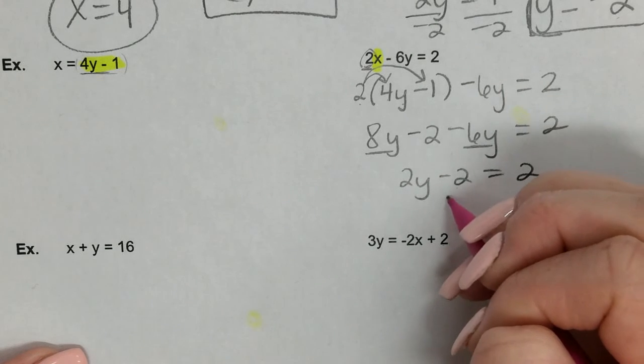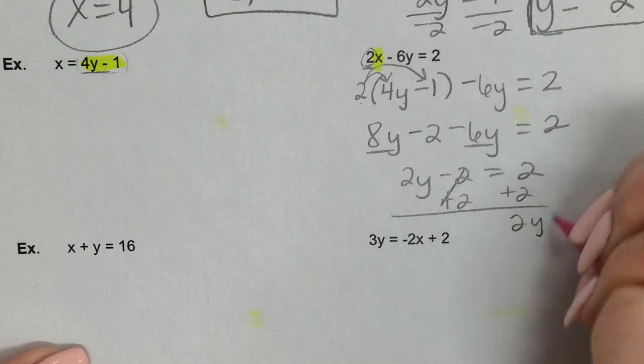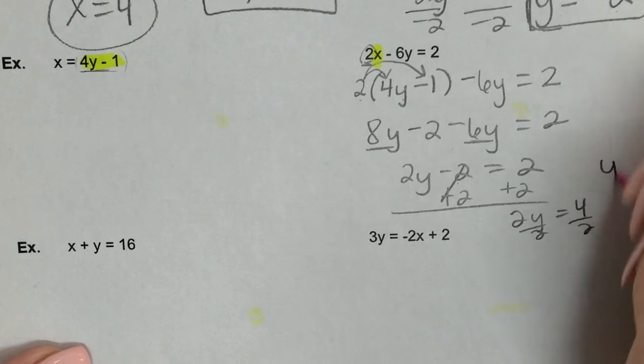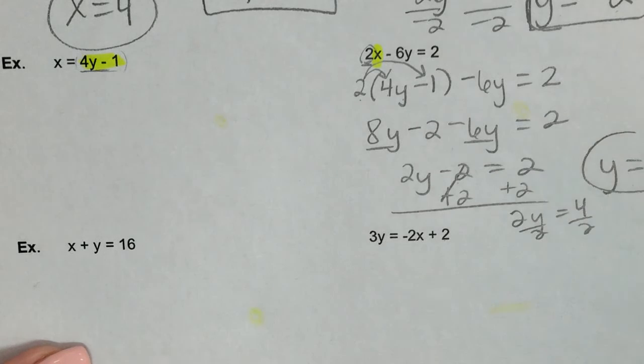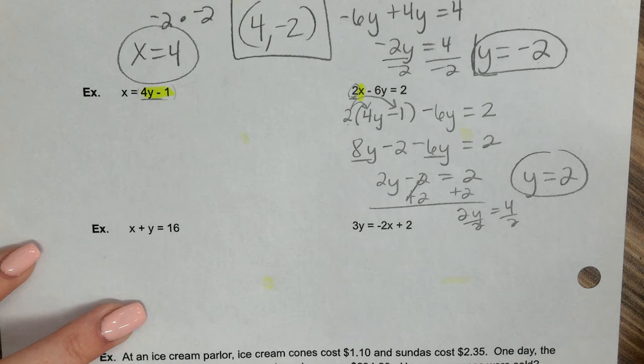And then to get rid of this, I'm going to do plus 2. And so I have 2y equals 4. And then divide by 2. And I get y equals 2. I told y'all were going to love this.